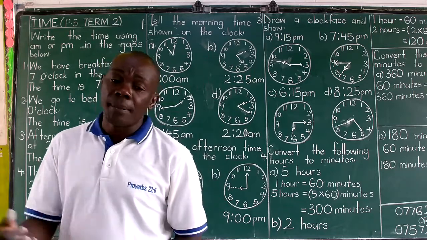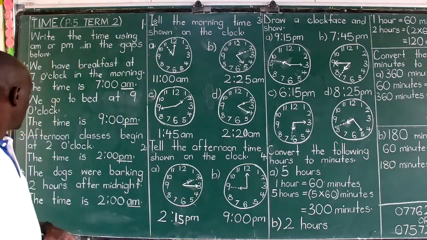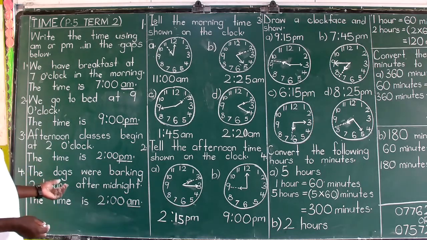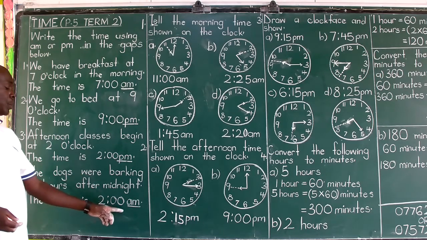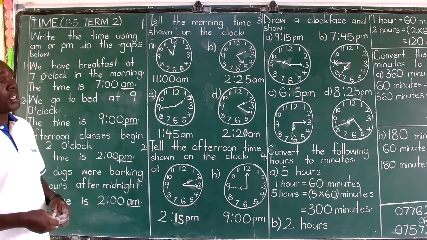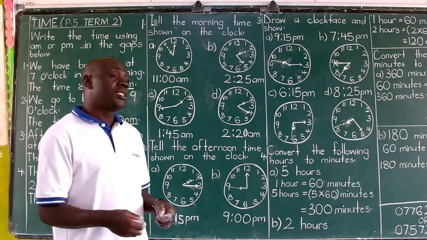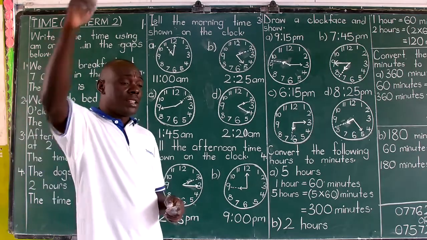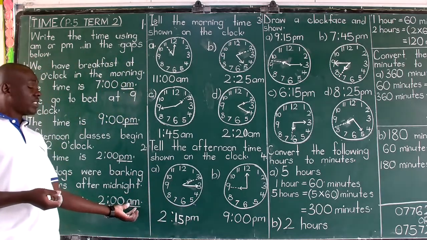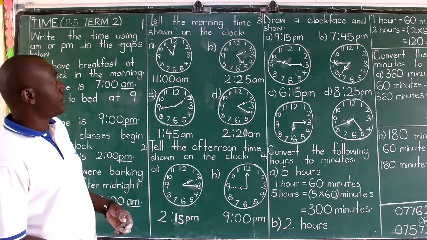When I say after midnight, they are saying in the morning. So the time is 2 a.m. If our dogs were barking at that time, they were barking at 2 a.m. So put a.m. The day starts at midnight and ends at midnight of the following day. So it starts in AM and ends in AM and PM.